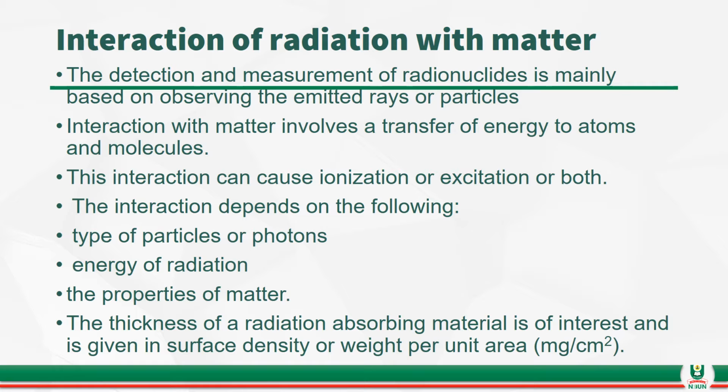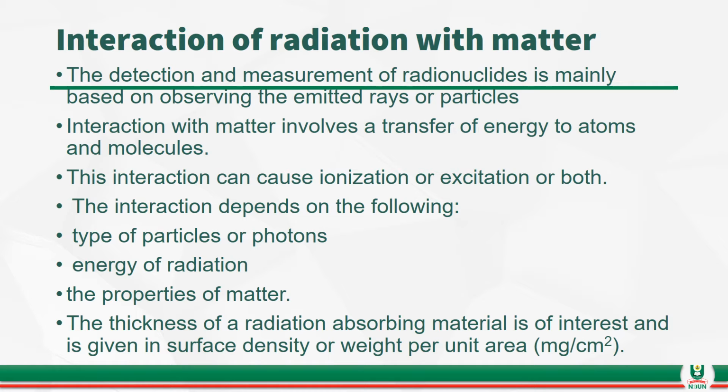The detection and measurement of radionuclides is mainly based on observing the emitted rays or particles. Interaction with matter involves a transfer of energy to atoms and molecules. This interaction can cause ionization or excitation of both.